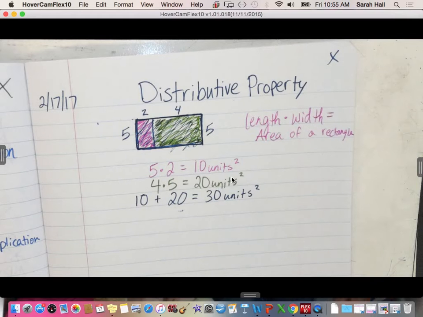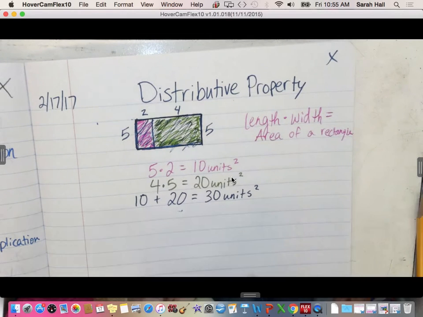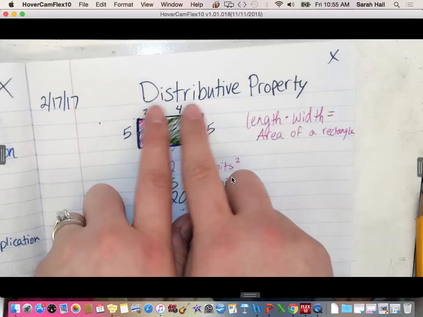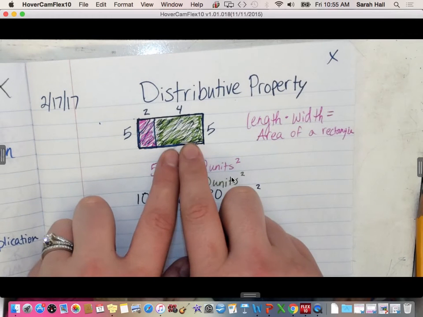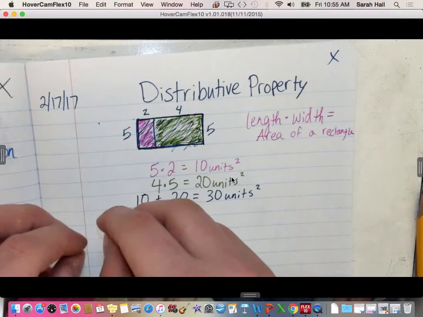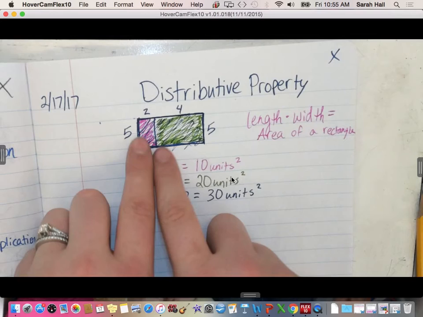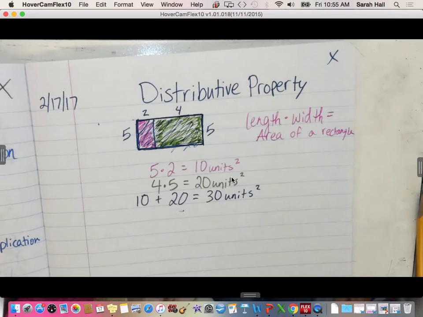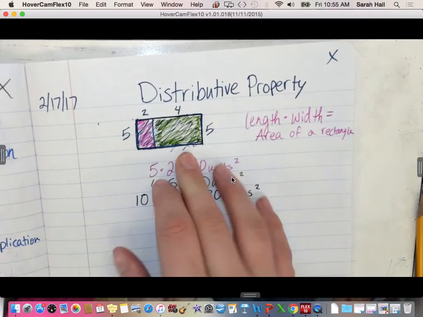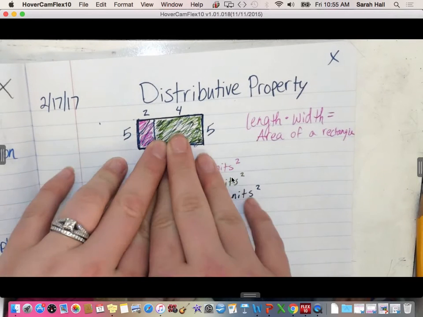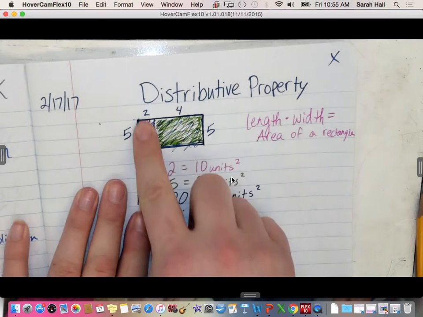Adding. Adding, because I want to take what I have here and what I have here and find the total together. So here I'm doing the same thing. What I have here and what I have here, if I add them together, I'm getting the entire shape. Remember, multiplying is when I'm taking something and I'm multiplying it. It's growing. Is anything multiplying here? No, I still have one rectangle here and one rectangle here, and if I put them together, it's going to tell me what all that is, right?